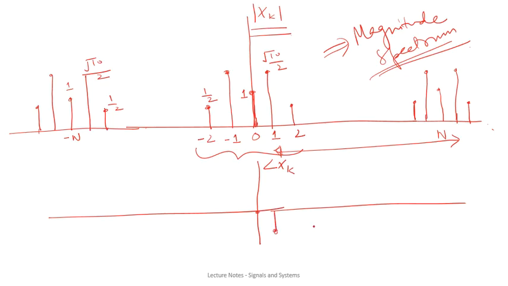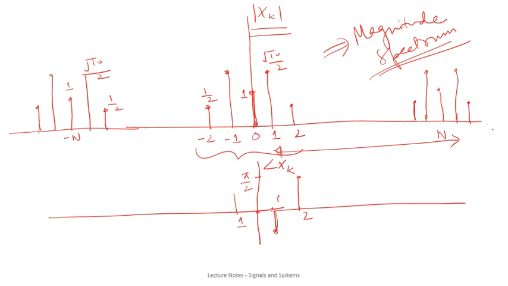Then x2 will be pi by 2, so let's suppose it represents pi by 2. Okay, so this is 1, this is 2, and similarly x minus 1, which is tan inverse of 1 by 3, whatever this magnitude is, that will just be in opposite direction here.